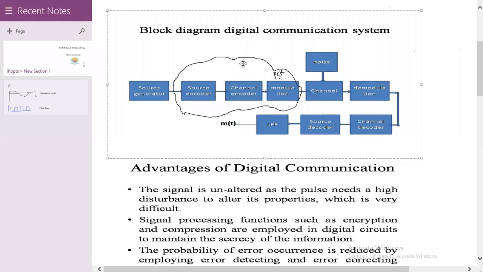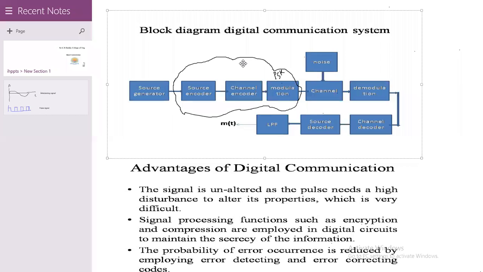The conventional source encoding techniques are PCM, that is pulse code modulation, and another one is delta modulation.